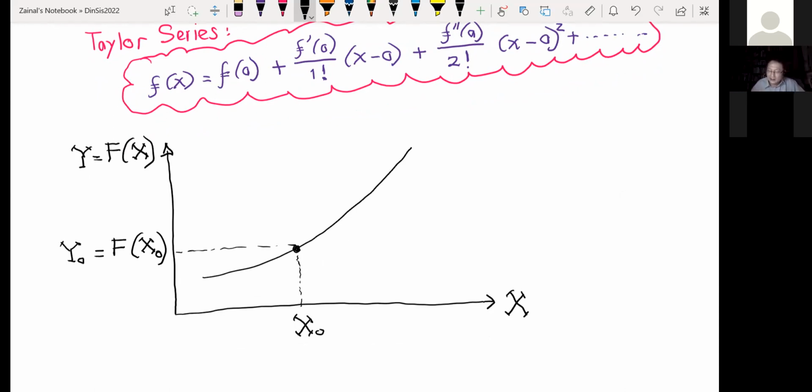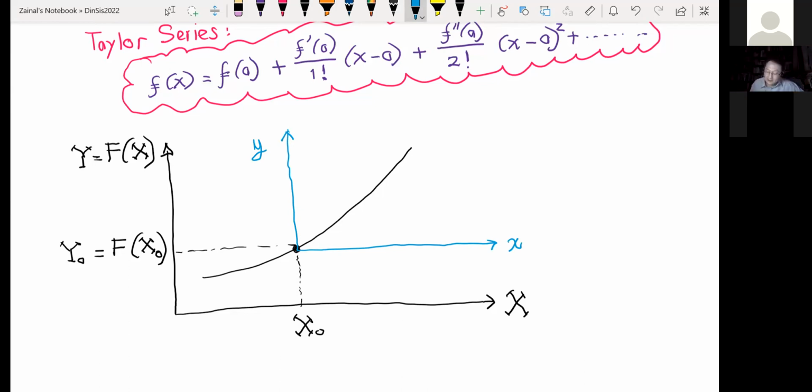And from here I want to make another coordinate. This one is small x, and this is another one, which is small y.